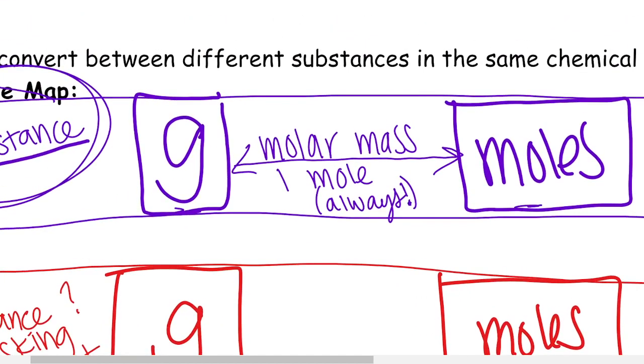So the number for grams comes from the periodic table, PT. The number that will go in front of the unit grams will always come from your periodic table, and the number that goes in front of moles, specifically for molar mass, will always be 1.